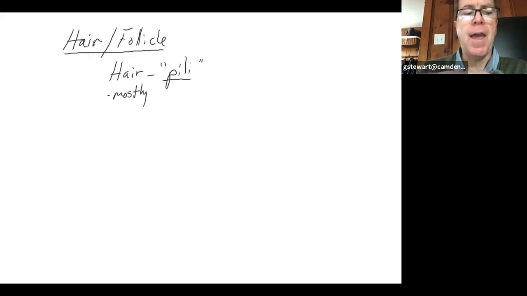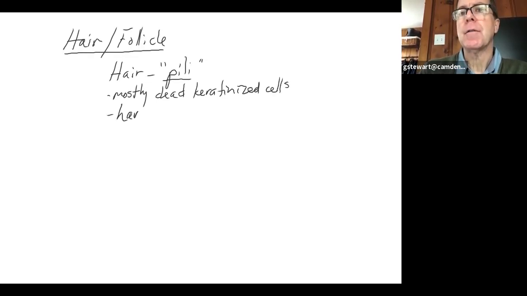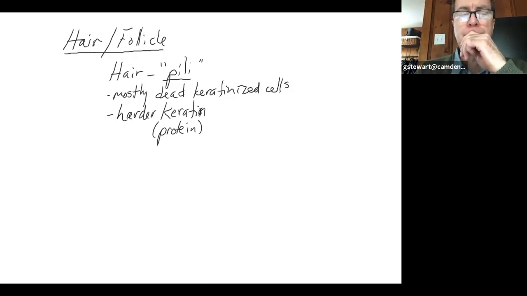A hair is mostly dead keratinized cells, and they contain a much harder form of keratin than our skin does. Keratin is just a very tough, hard protein, just to remind you. And our hair cells have a harder type of keratin than in our epidermis. It's a bit softer in our skin.